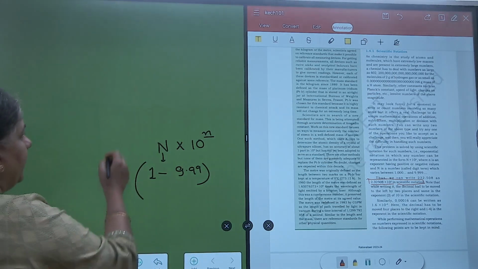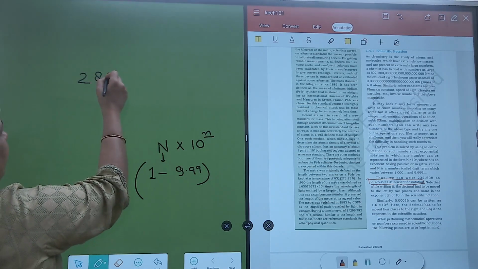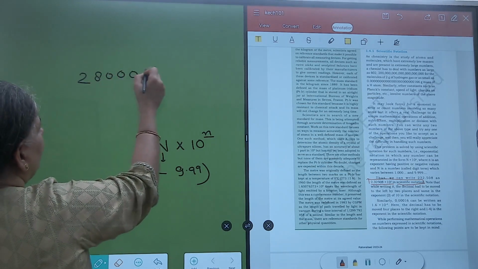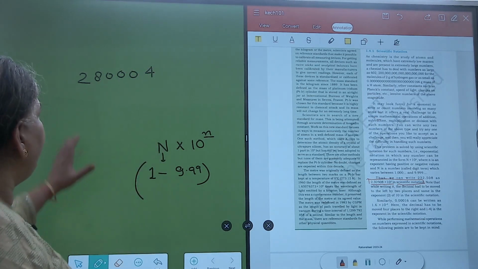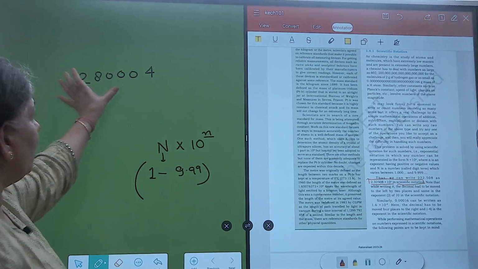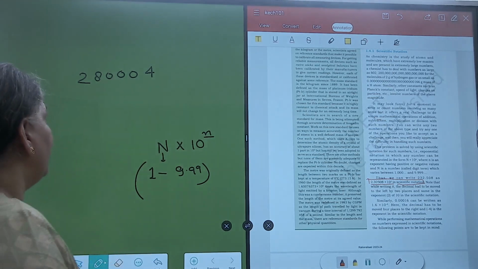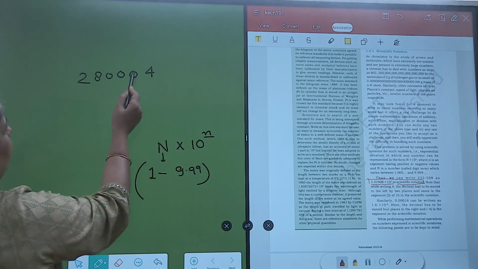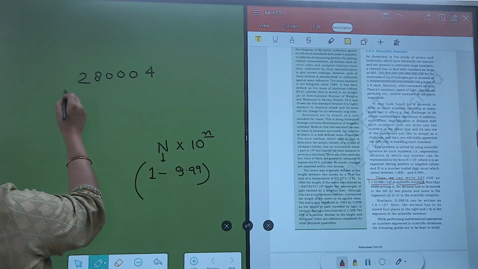For example, if you have the number 28000 and we have to convert it into scientific notation, this numerical value, capital N, should lie between 1 and 10. So we will place a decimal here.